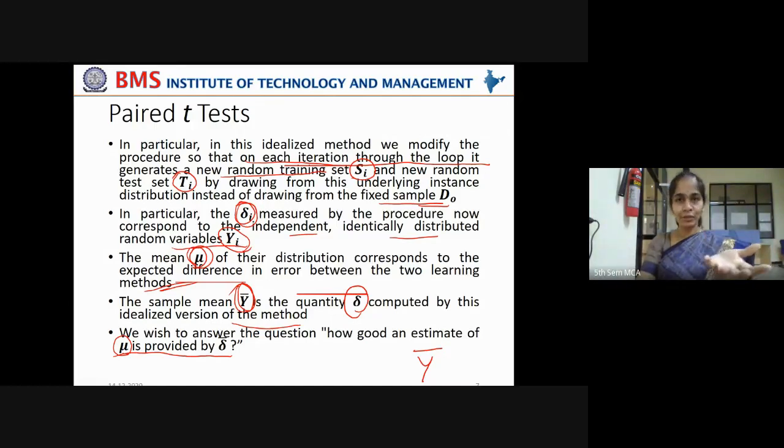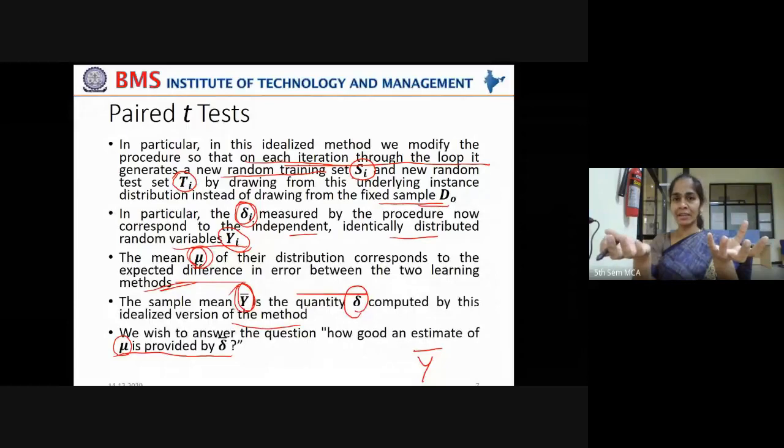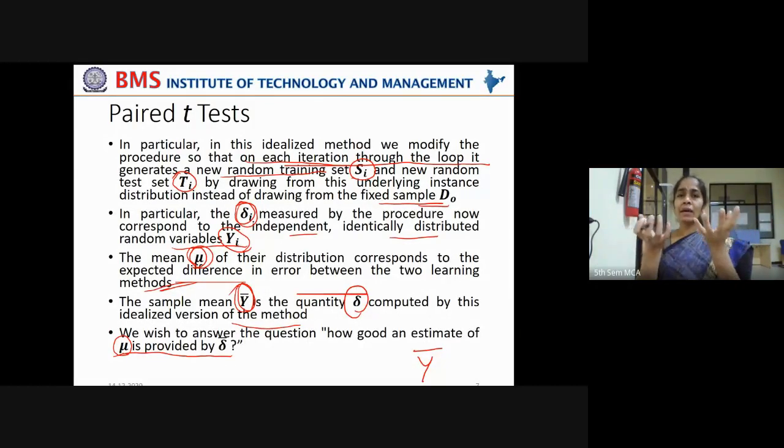You have taken a new sample. Now you are partitioning it each time into training set and test set, and you get some error with respect to learning algorithm A and with respect to learning algorithm B. What is the difference in the errors for the first experiment? Delta 1. What is the difference in the errors for the second experiment between the two algorithms? Delta 2. And so on.